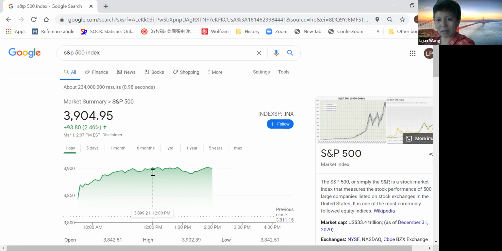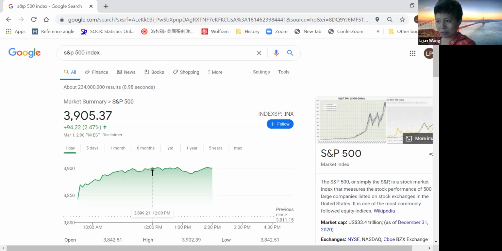And this is mathematics in application. This is a function, because for each input, the input is time, the output is the index. For each input, there's a unique output.